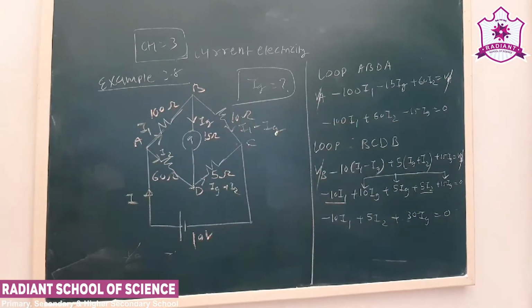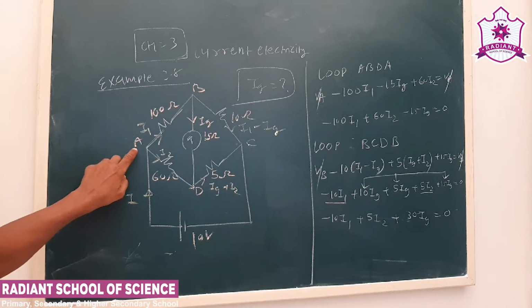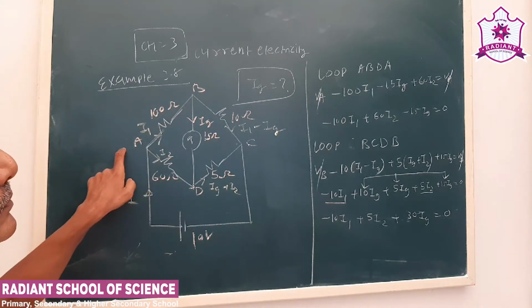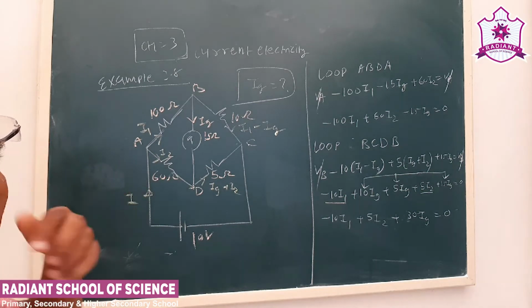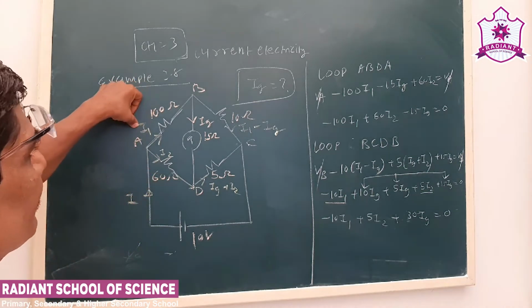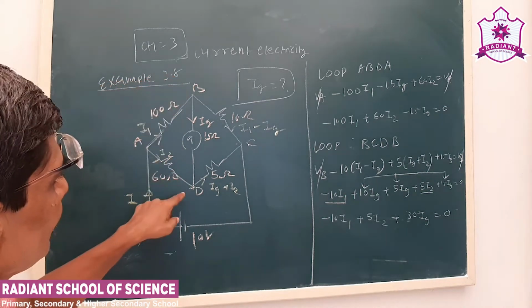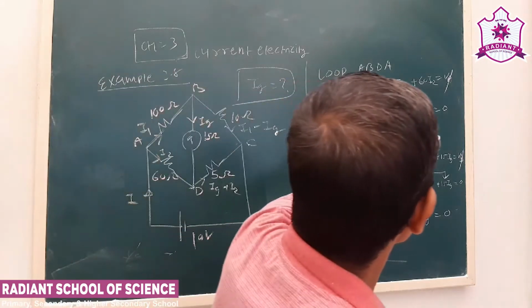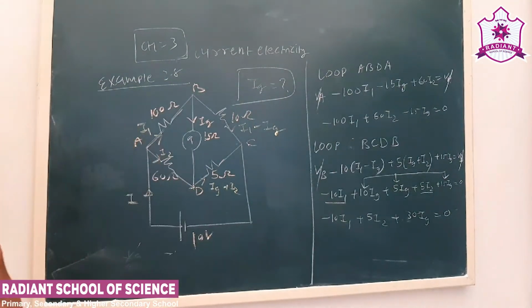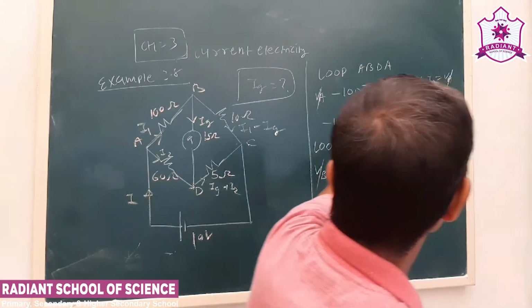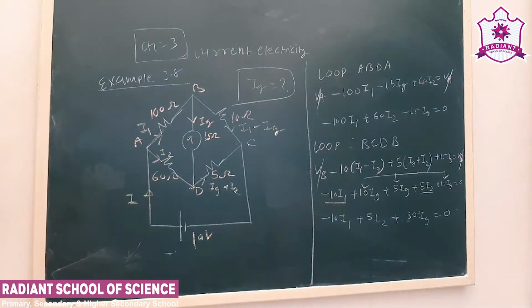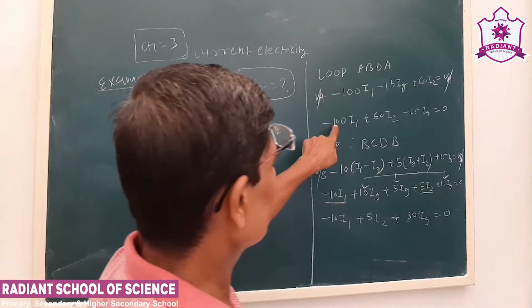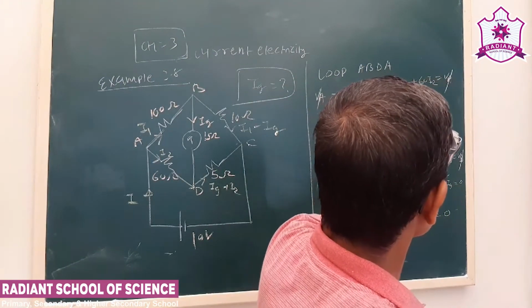Now let us see again. First we take the loop ABDA. Starting from A, VA minus 100 I1. In BD the current direction we have to take negative, minus 15 Ig. In DA we are moving in the opposite direction of the current, plus 60 I2 is VA. So we get minus 100 I1 plus 60 I2 minus 15 Ig.